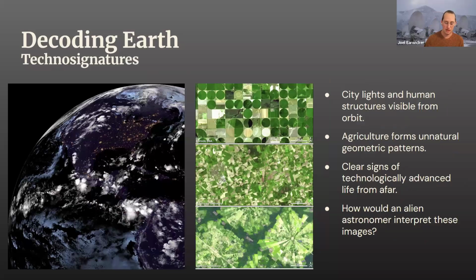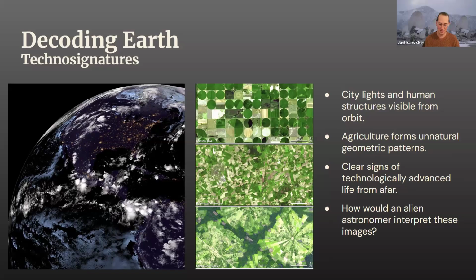We can also incorporate this idea of technosignatures, which is another thing that SETI researchers work on quite a bit. We can look at satellite imagery at night and actually detect city lights across the planet, which is a clear indicator of technologically advanced life here on Earth that we can detect from thousands of kilometers away.